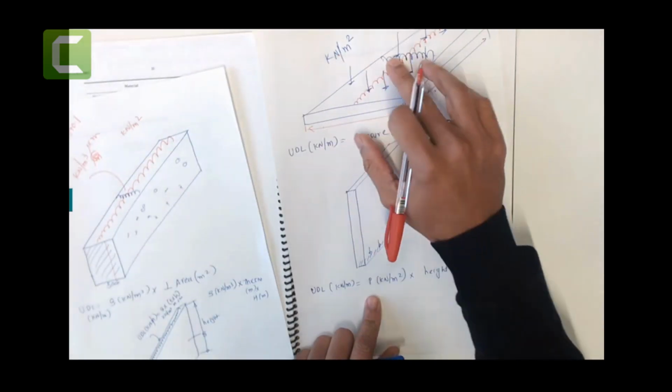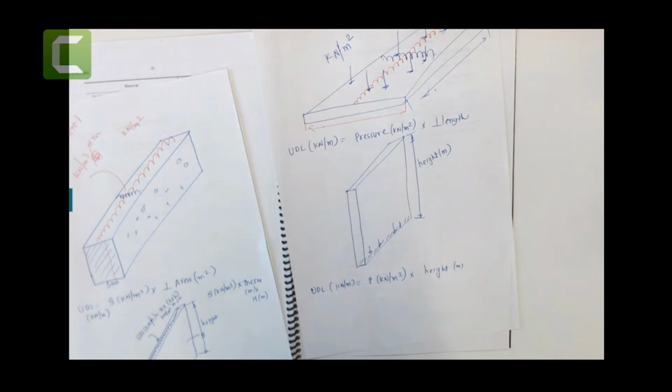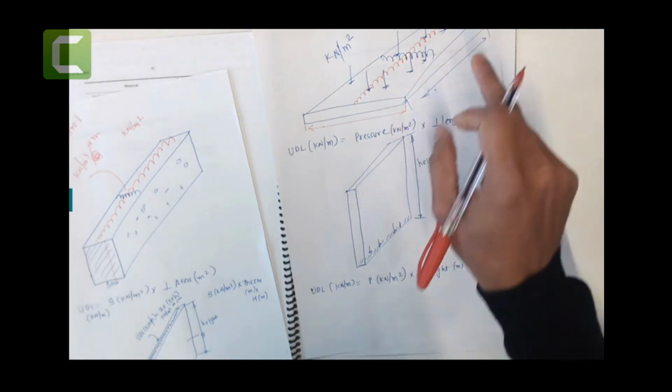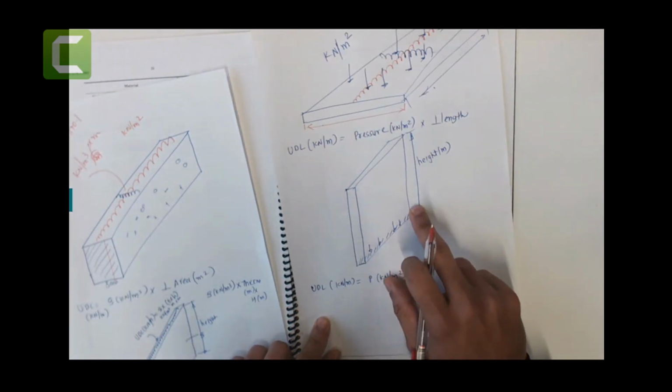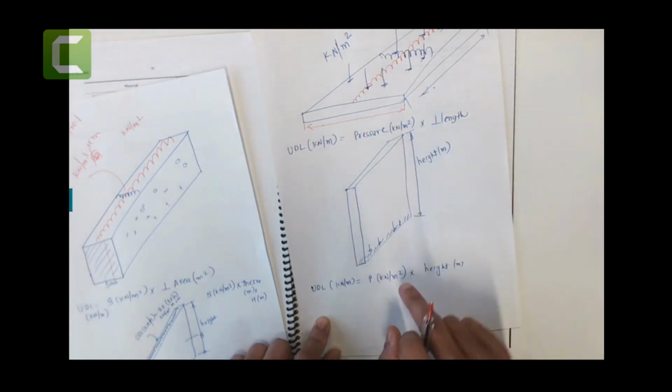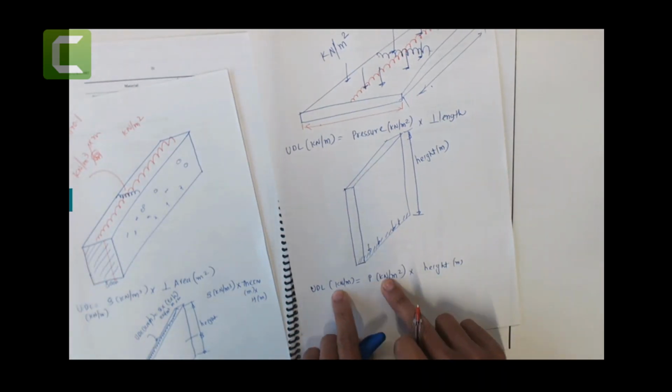So if you come across kilonewton per meter square, don't worry. You can just multiply by the perpendicular length. If you have a wall with pressures, you just multiply by height, because basically you want to read off 1 meter from here, right? Because you want to have kilonewton per meter.